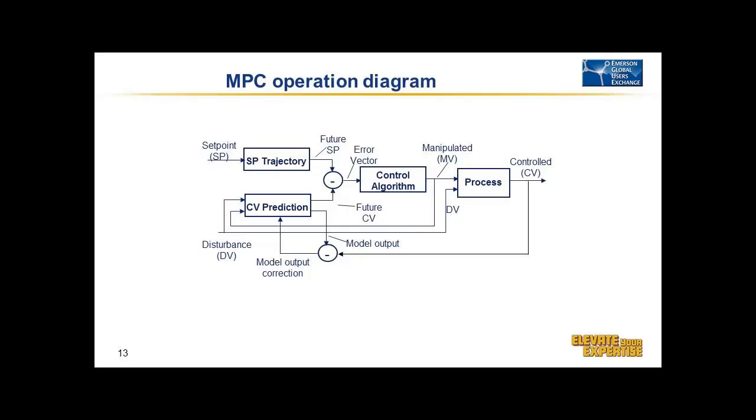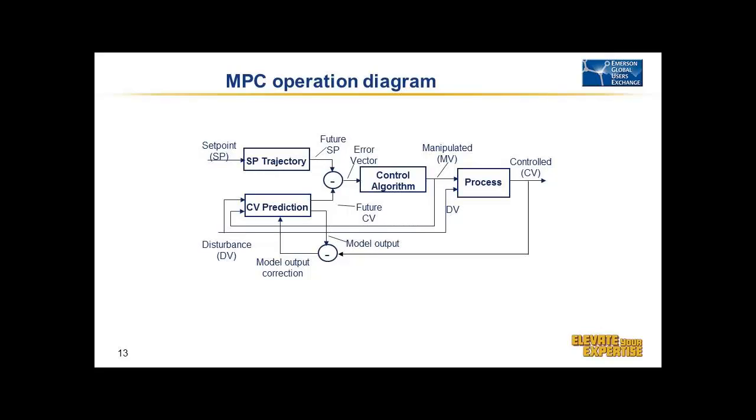Normally, the model is developed during process identification, and the model is updated based on input measurements, which go to the process and go to the model. As well, disturbance variables go to the process and go to the model. What is important as well, one factor is correction of the model based on real measurements. And those real measurements, in our case, should be wireless measurements.